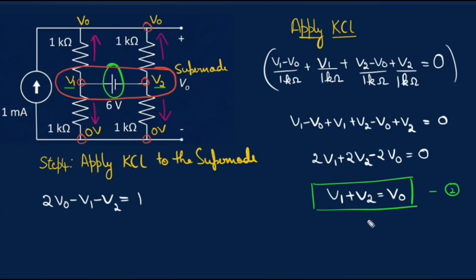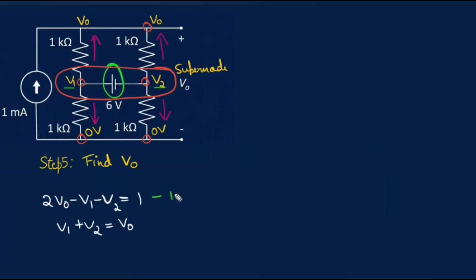Notice something important here. We don't actually need to find V1 and V2 individually. In order to find V0, which is our final step, from equation 1 we have 2V0 minus V1 minus V2 equals 1, and from equation 2 we have V1 plus V2 equals V0.